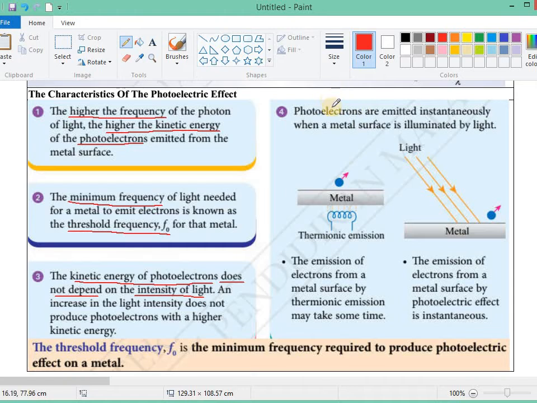Okay, and then the last one, photoelectrons are emitted instantaneously when a metal surface is illuminated by light.